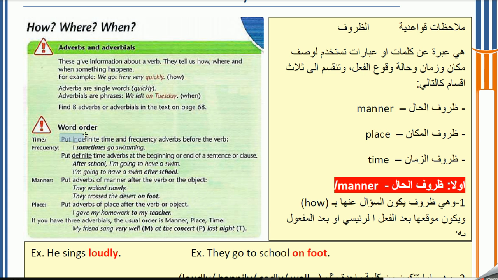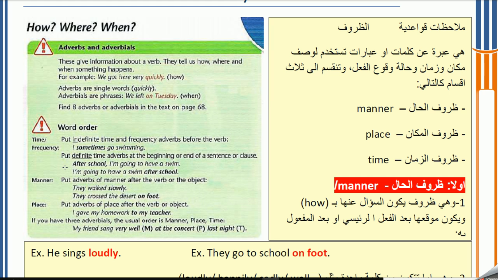So, put indefinite time and frequency adverbs before the verb. For example, I sometimes go swimming. The word sometimes here means indefinite time and frequency adverb. So, put definite time adverbs at the beginning or end of a sentence or clause.